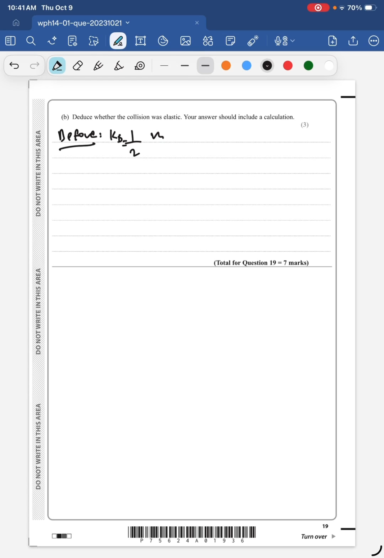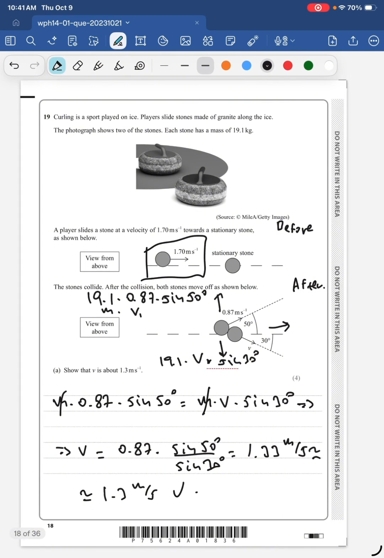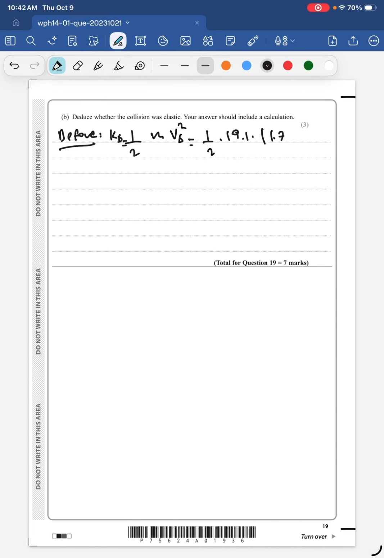So we have 1/2 times 19.1 times 1.7 squared. The other mass is stationary, so it has no kinetic energy, so 2.76 joules. Sorry, 27.6, I'm sorry, 27.6 joules.